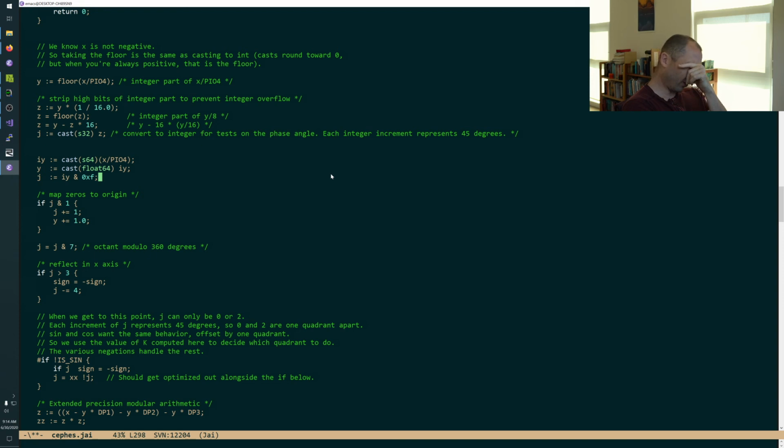How many bits of accuracy, like if you were to go around a circle in the neighborhood of 2 to the 64 in a double precision floating point number, we could print this out, right?